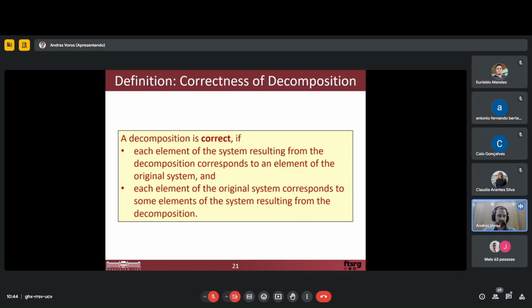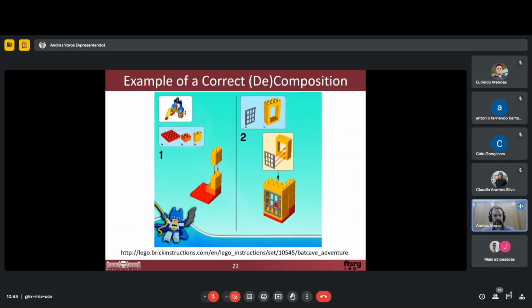And each element of the original system corresponds to some elements of the system resulting from the decomposition. So that's the opposite direction. So that actually means that we have the relations between the decomposed elements and the original elements. But I guess that's quite easy.